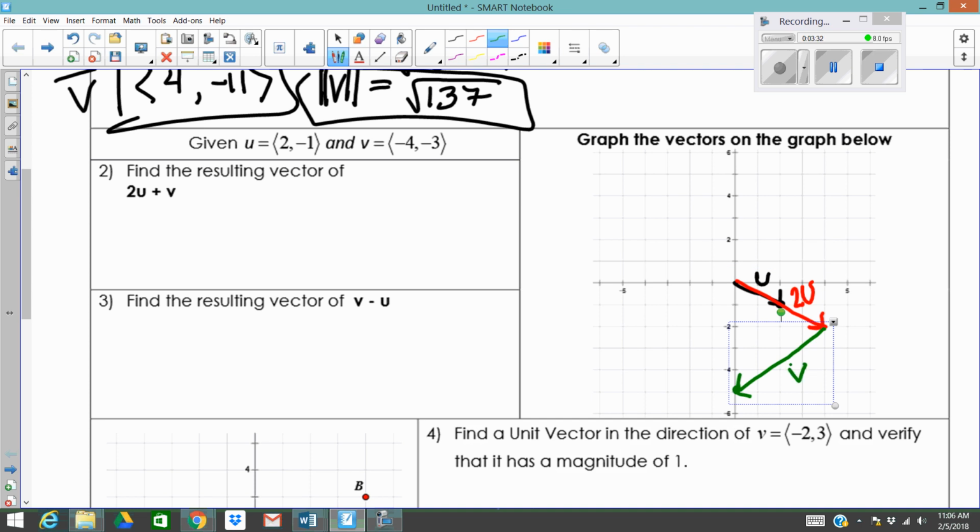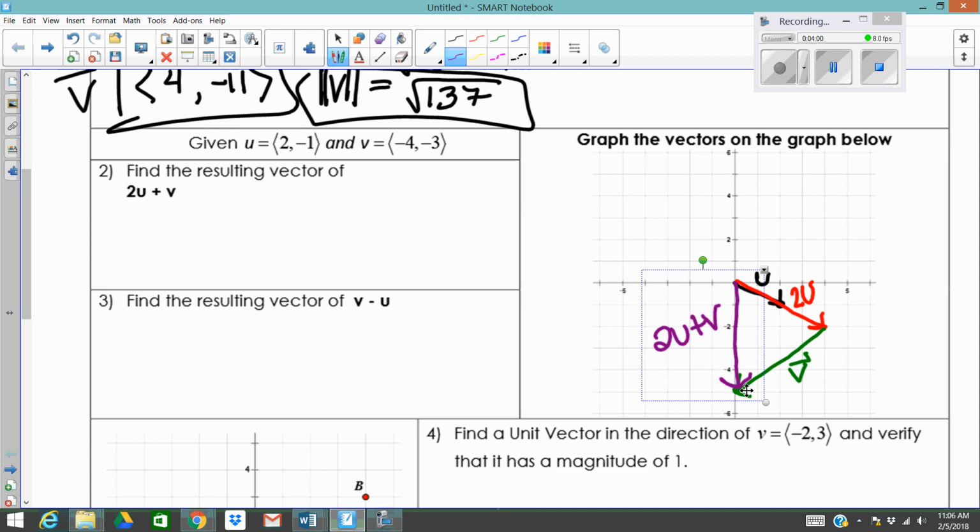So that was vector v. That means my vector 2u plus v is this vector right here. It has an initial point of (0, 0) and a terminal point of (0, -5). So that's graphically how you can add, multiply, and subtract vectors.